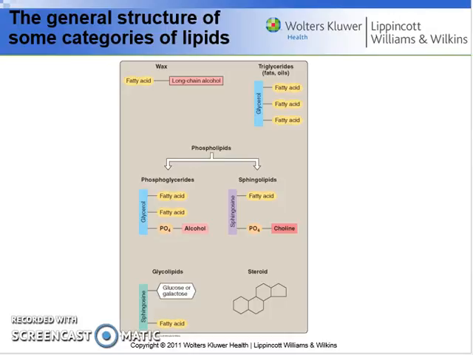Okay, so let's look at the different structures of some of the lipids that we just talked about. Wax type of lipid, you essentially just have a fatty acid, which is basically a carbon chain that has a carboxyl group at the end of it.